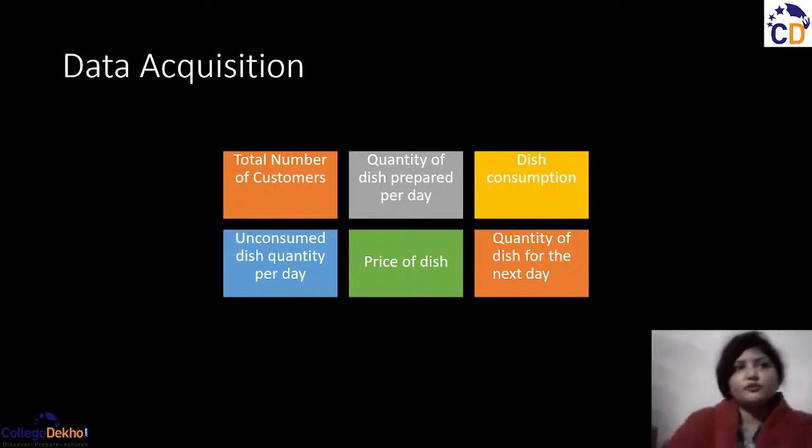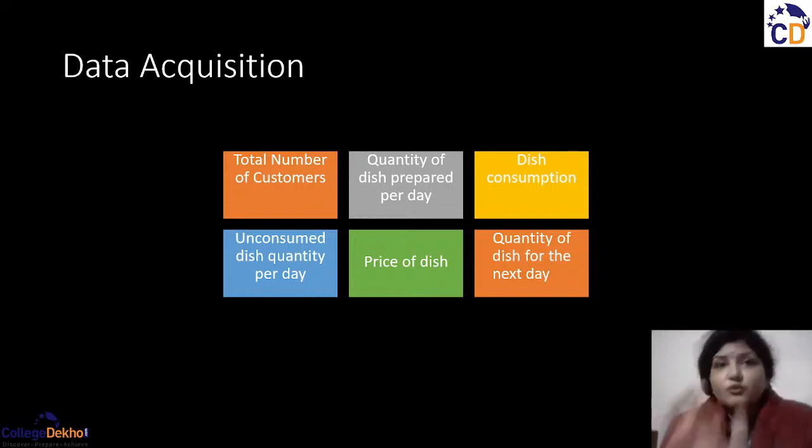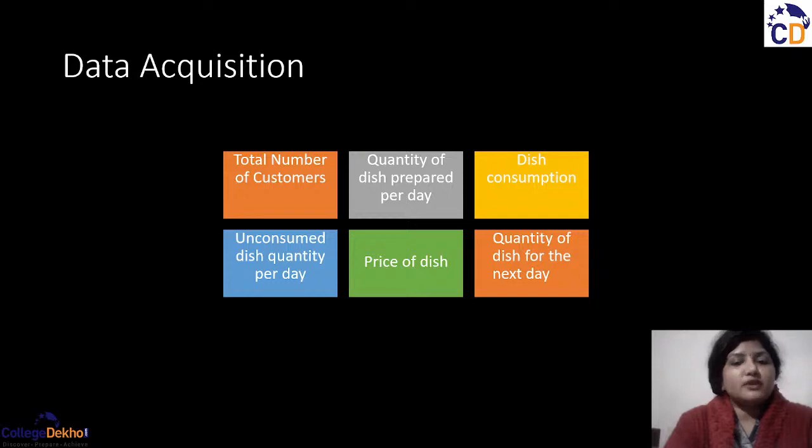That quantity is also maintained, as it is given as an input to the model. Most important factor, price of the dish, right? Then quantity of dish for the next day: for the next day, how much quantity of the dish is to be prepared. So these are the 6 factors which we have analyzed could be there to solve this problem.